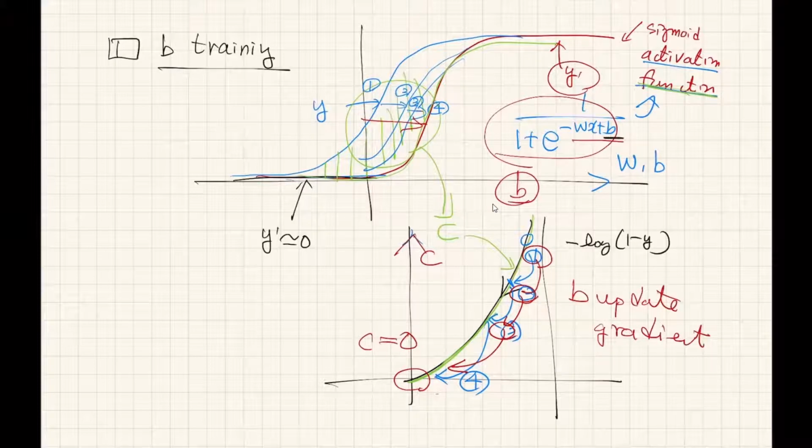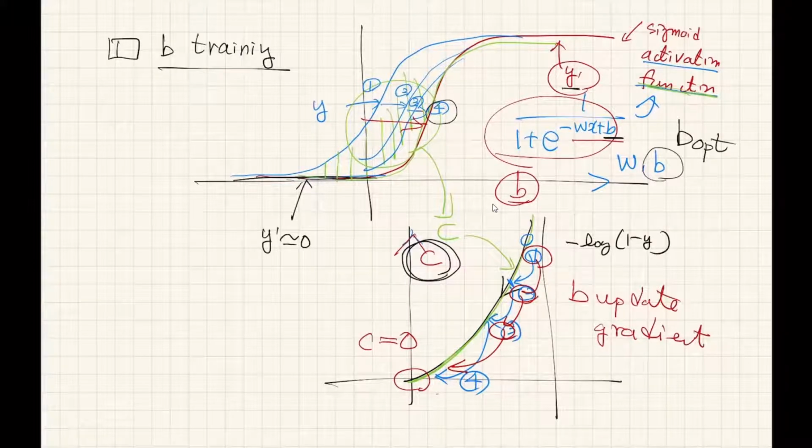I'm trying to find the optimal b until C becomes 0. In the sigmoid output function, our target is this number 4, and let's assume that your output is the number 1 curve, then you just keep updating bias b until your output y becomes y dash.